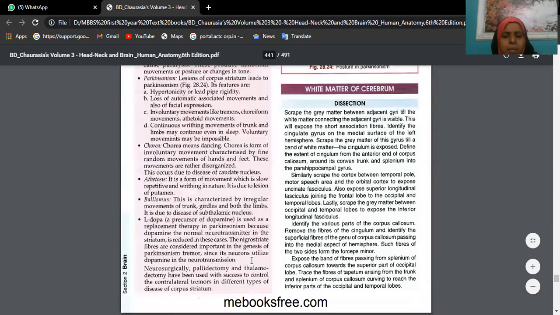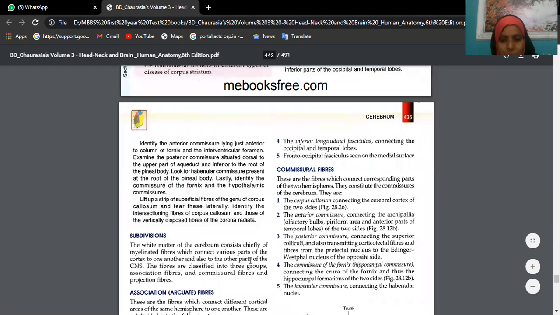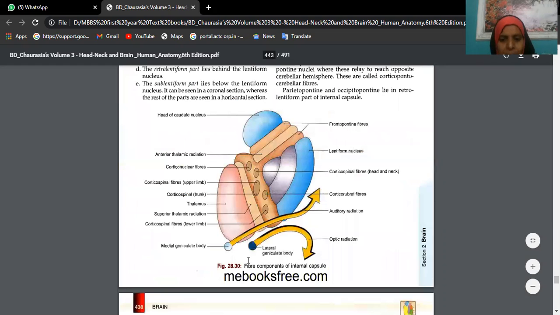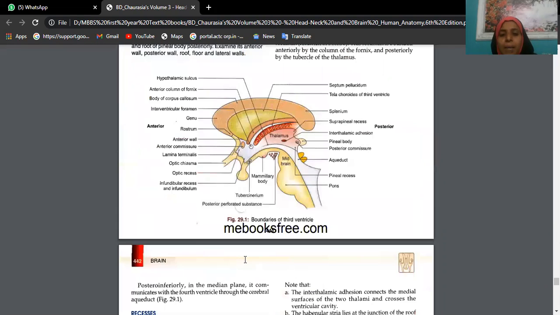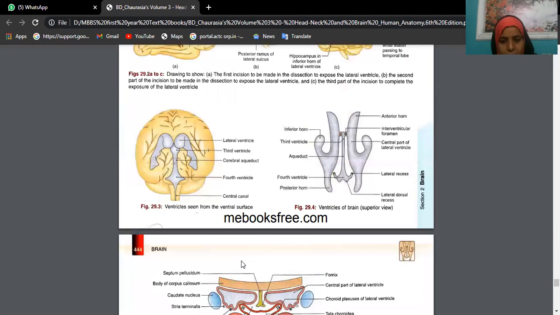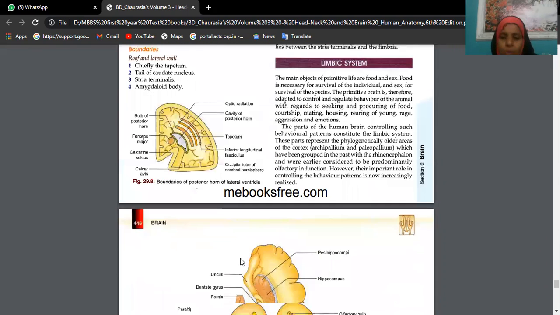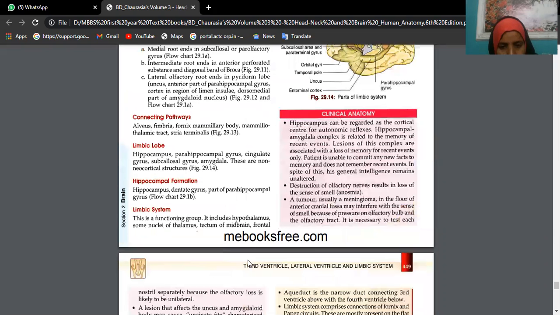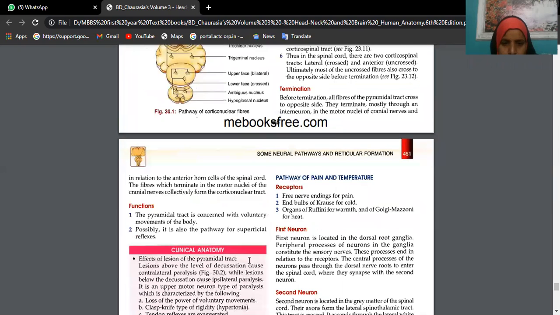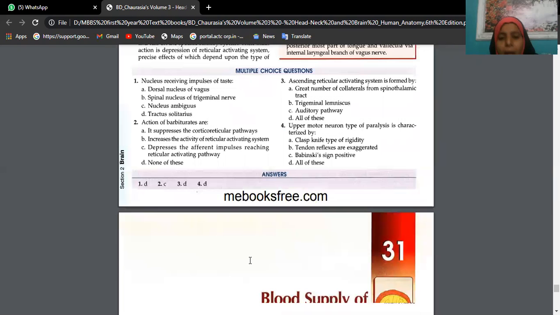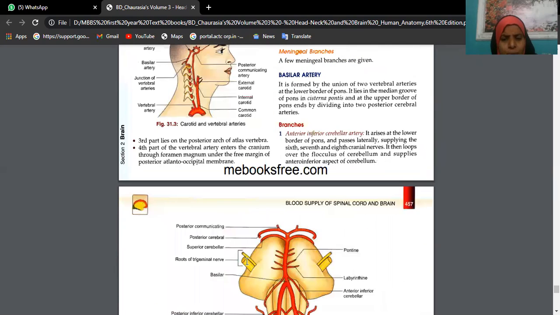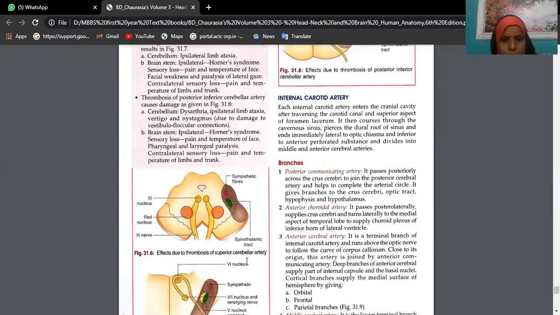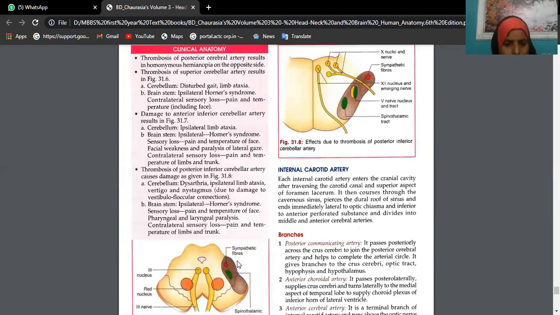Only for diagrams, because you can check interpeduncular fossa from the index at the back and just draw the picture from there, because all the labelings are given perfectly there, beta. And you can put the answer in your own words. Ma'am, I don't have that special neuroanatomy Vishram Singh book; I have the normal textbook. Yes, that is also equally good.